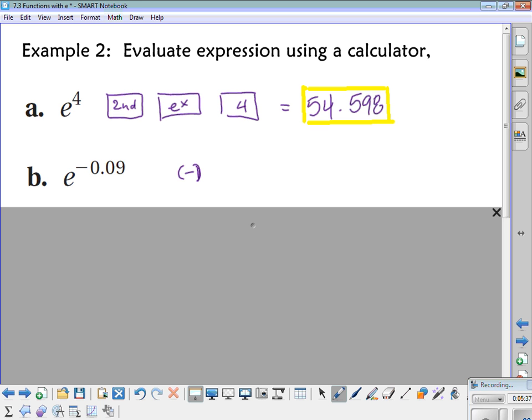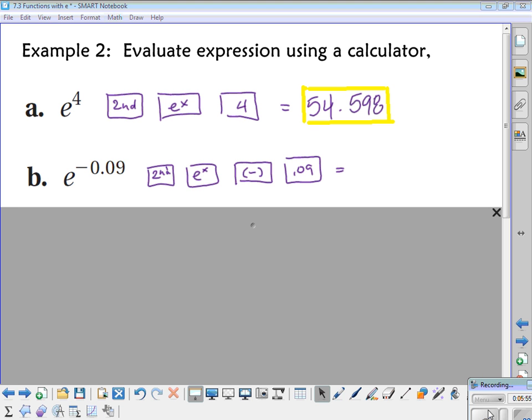So you do your second e to the x, and then you hit that negative sign. You got it. Look under the 3. So it looks like most of you guys were getting 0.914 if you round it to the 3rd place.